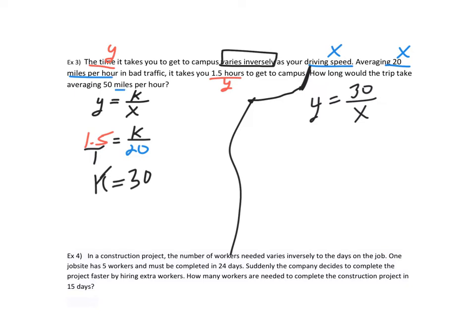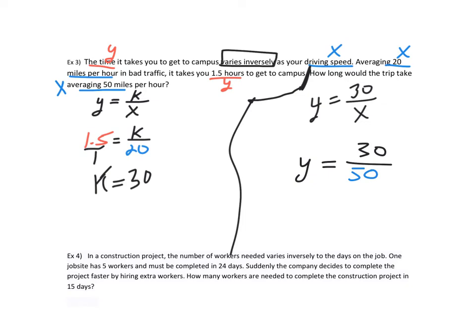So now we've got this average miles per hour, which is going to be the x, so that's our driving speed. So this x is now going to get used over here in this problem, where 50 miles an hour is the x, we know what the constant is, and we're finding that new time, that y value.